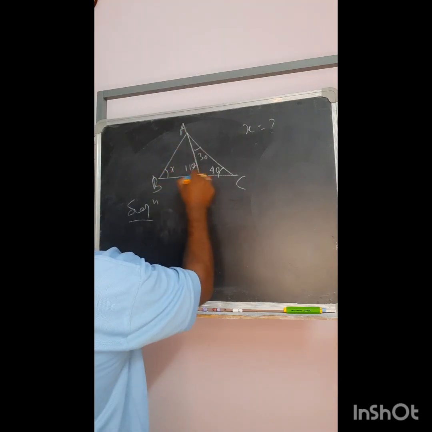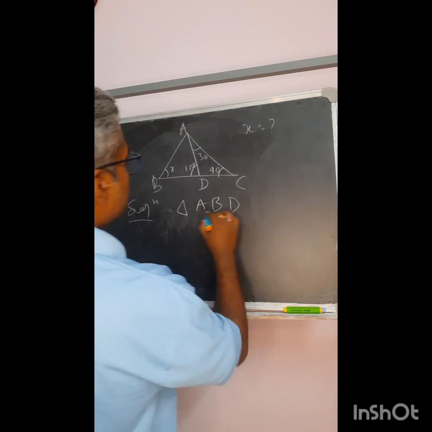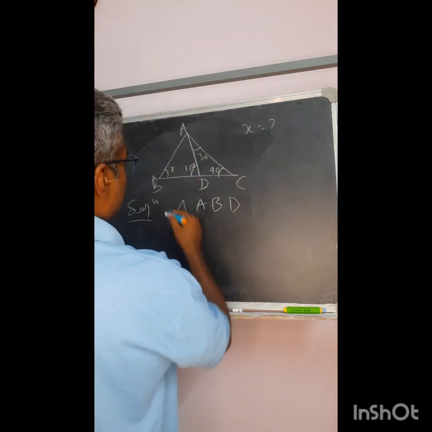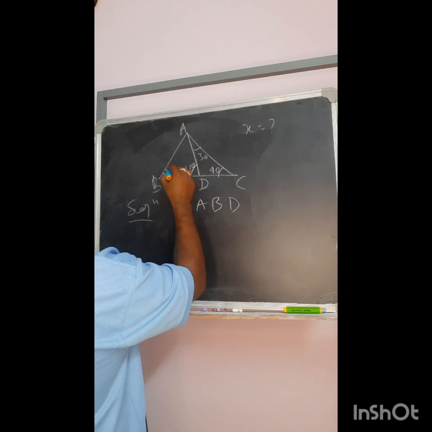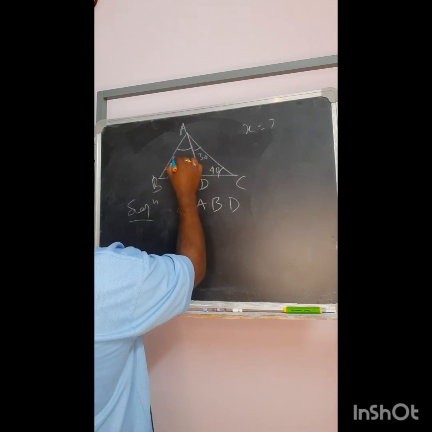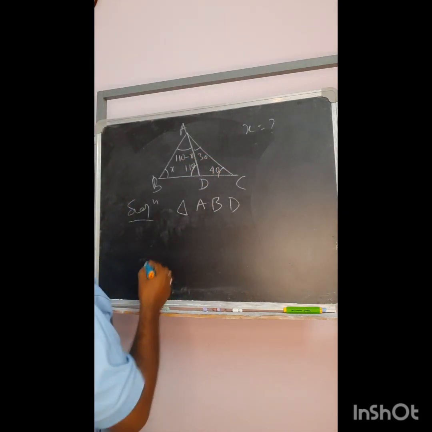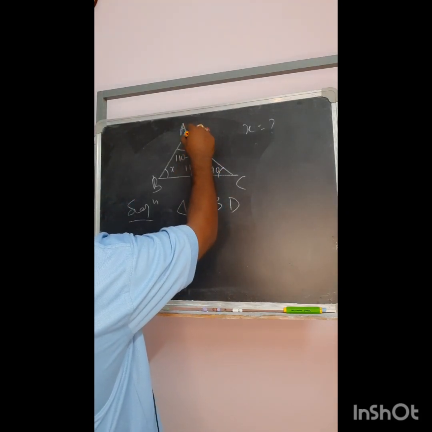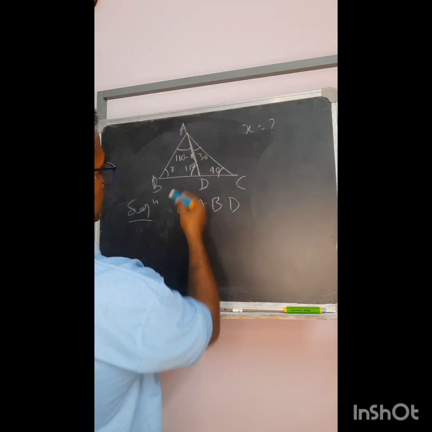First I will take the triangle ABD. If this angle is 110 and this is x, then this is obviously 110 minus x. I will try to take it in such a way that the common line AD comes for both cases to compare.